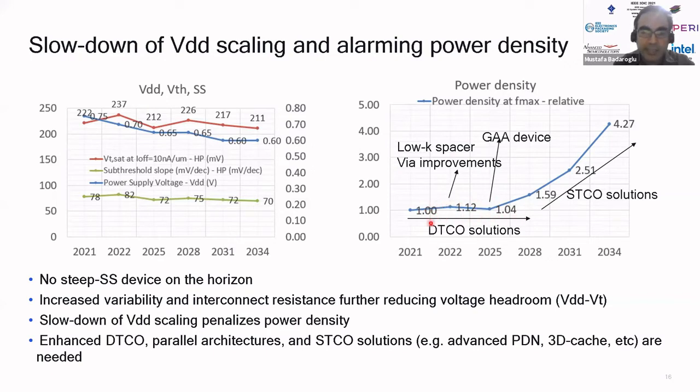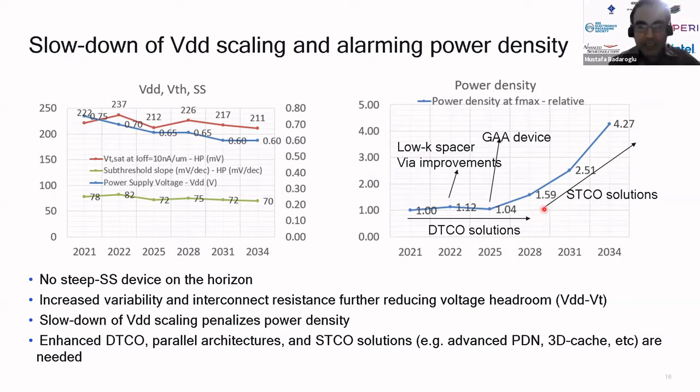For the other thing, the C effective, especially parasitic capacitance, there are a lot of things that can be done in the gate-all-around device and material change, like in the low-k spacer, and then a lot of STCO solutions covering the power scaling issue, because power scaling really virtually stops at this point.